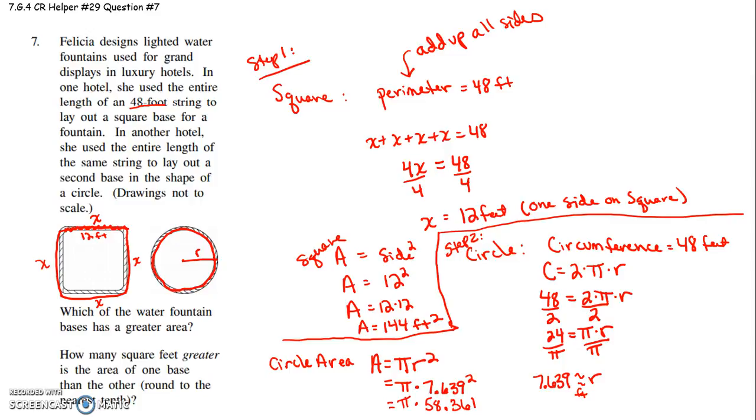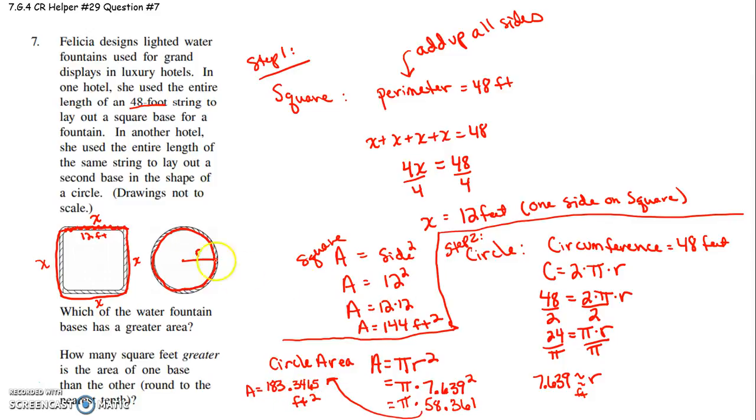And so I find the area of my circle. Whew, this is ugly work. I've run out of space. The area of my circle is about 183.3465. Lots of crazy rounding.